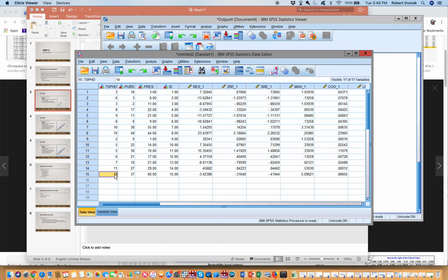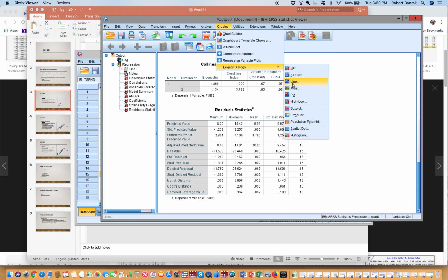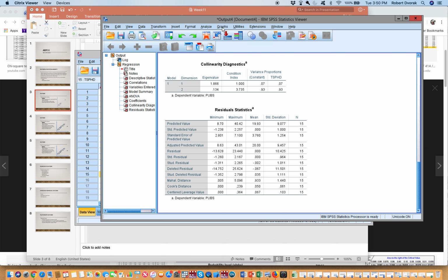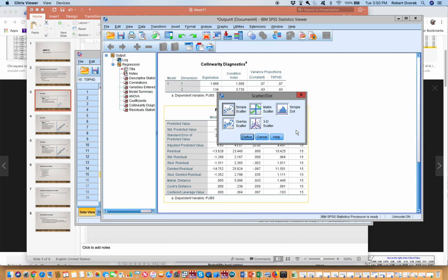Instead of 18 and 37, let's go Graph, Legacy Dialogs, Line, oops, cancel, we don't want a line. Graph, Legacy Dialogs, Scatter. There we go.